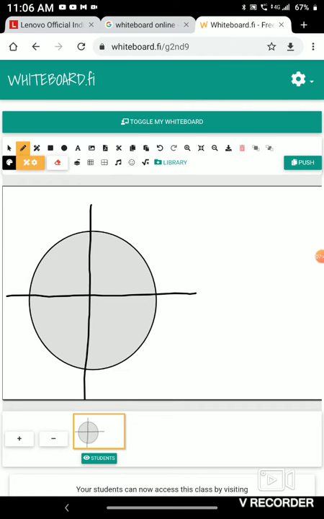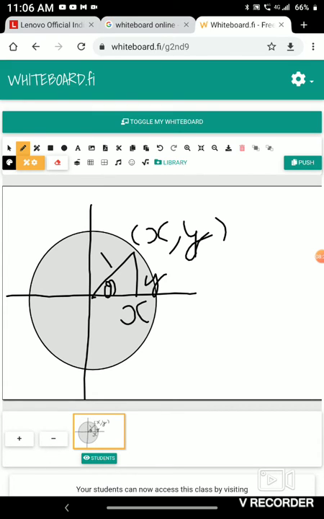So guys, in the circle definition we first draw a right angle triangle, and this angle we will take as theta, and this is 1, and this is x and y, and this is y, and this is x, and these are lines, not line segments.